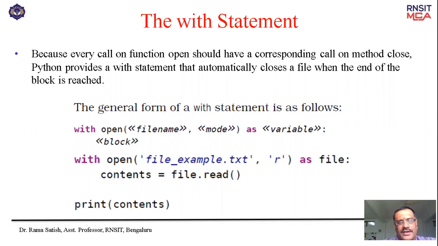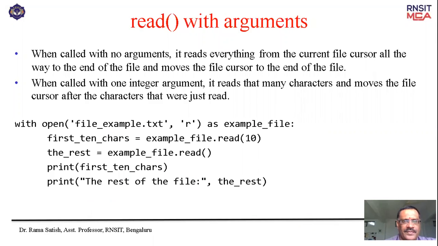When you open the file with a with statement, as soon as you come out of the block, the file and file pointer get deallocated. I also demonstrated this yesterday. The read function with an argument of 10 reads only 10 characters in that file. If you just call read, it reads everything.